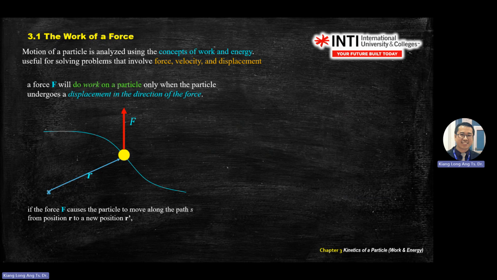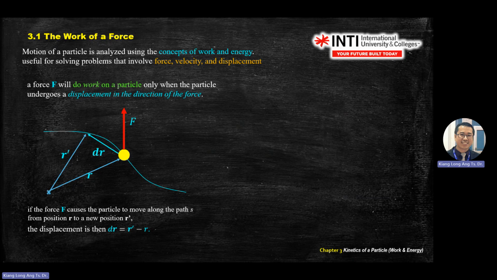And if the force is pointing up, there's a force acting on the particle, on the object, from a reference point, this curve with a reference point from R. And because of this force, this particle moves from this location to this location. So we form a position vector, R, dr, and R prime vector. This is the start point, this is the end point. So R prime equals R plus dr. You should be able to see the triangular vector.